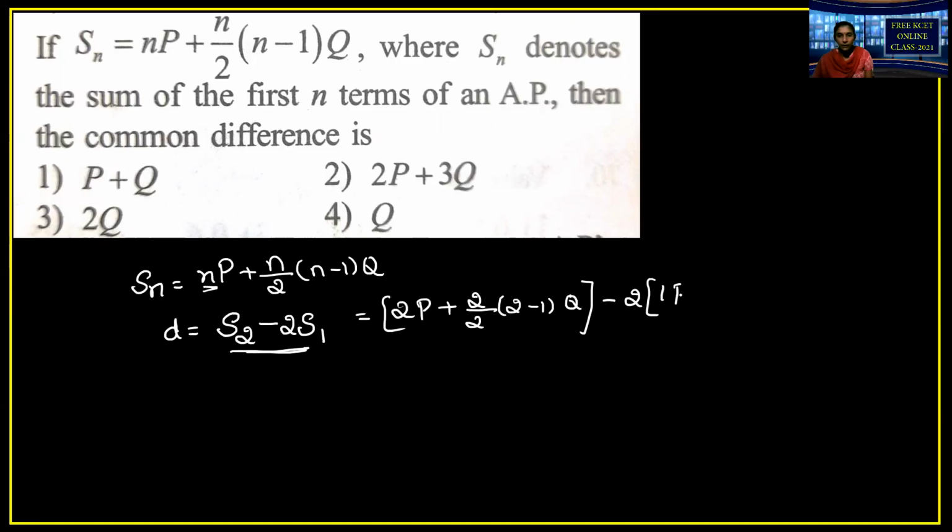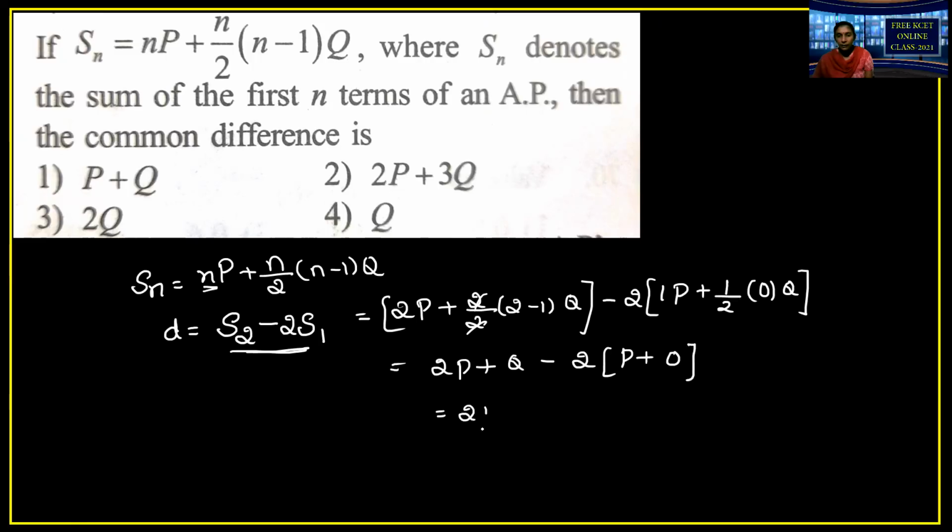So we get 1p plus 1 by 2 into 1 minus 1, which is 0, into q. So we remain with 2p plus the 2s cancel, 2 minus 1 is 1, q, minus 2 into 1 into p is p plus 0 into q is 0.